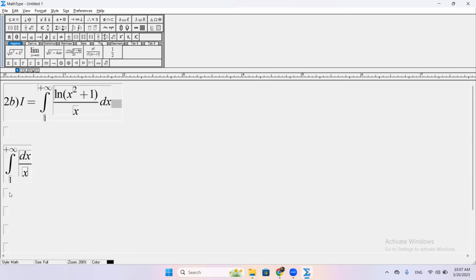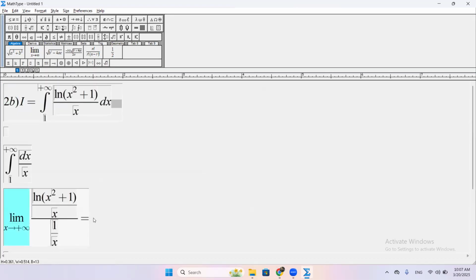So again, calculating the limit. Divide this expression by 1 over x. And we basically have the following limit, logarithm of x squared plus 1 when x approaches infinity.